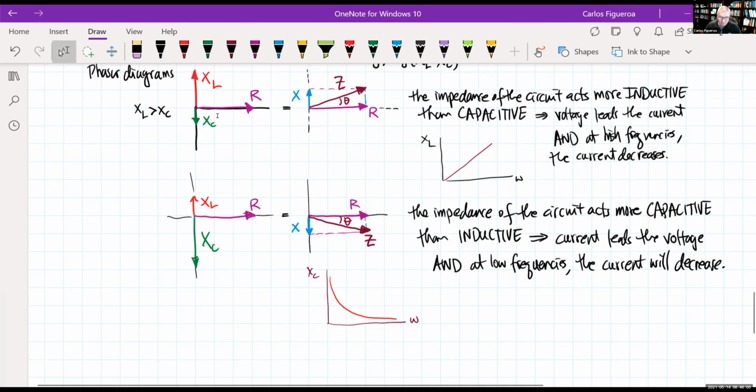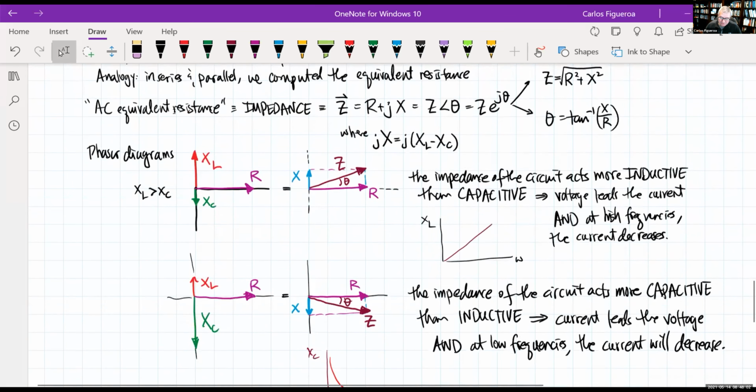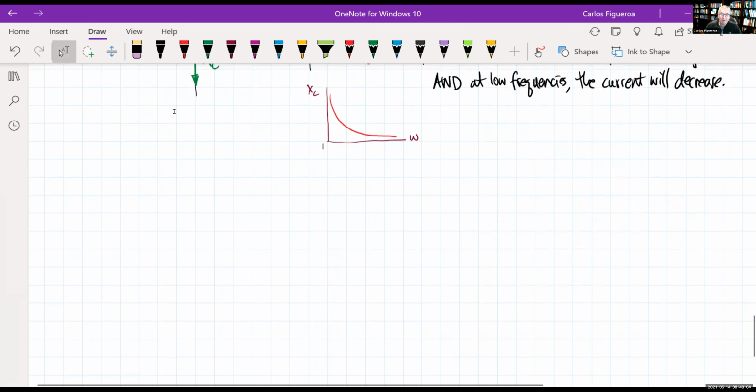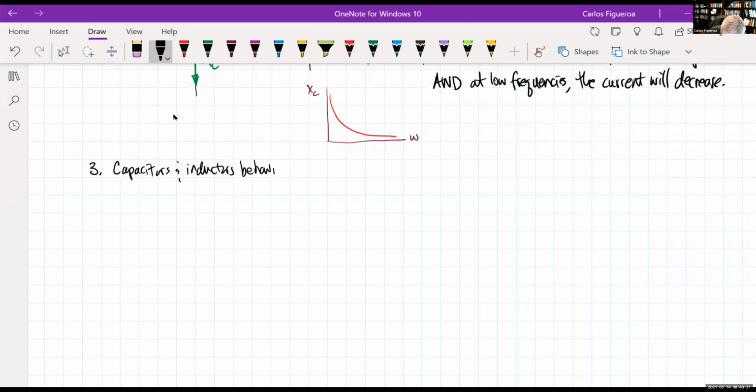So now check this out. Here we go. Capacitors and inductors behave linearly in the complex plane.